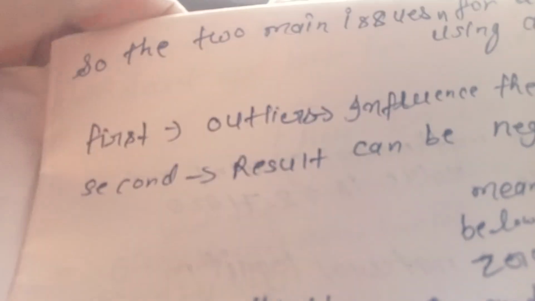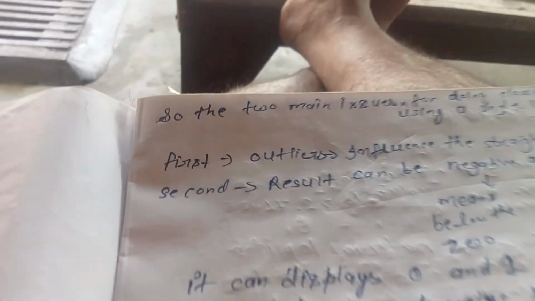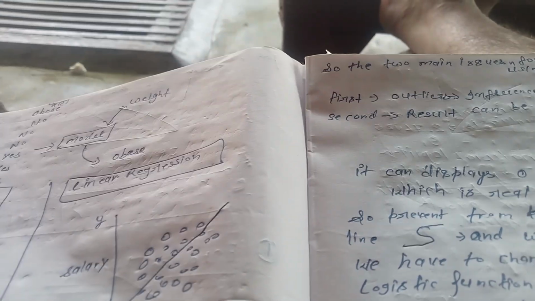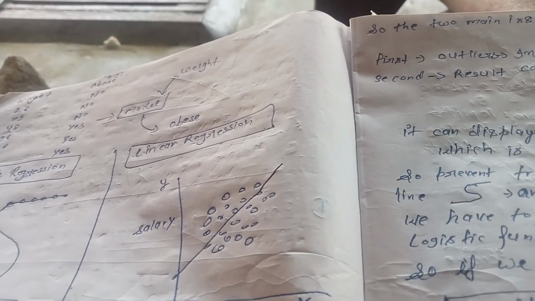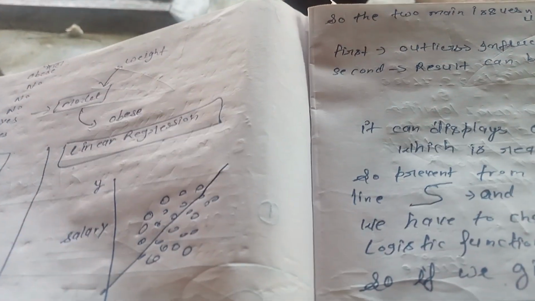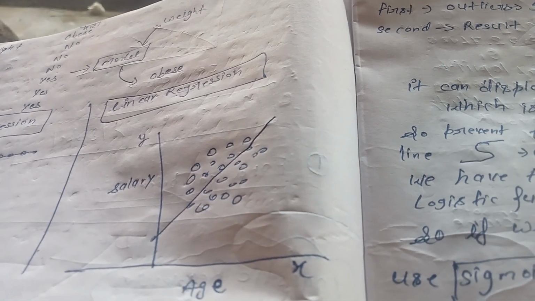First, outliers influence the main straight line. If you are using a single linear regression for doing a classification task, then you will face two problems. First is outlier influence the main straight line, and second is the result can be positive and negative.